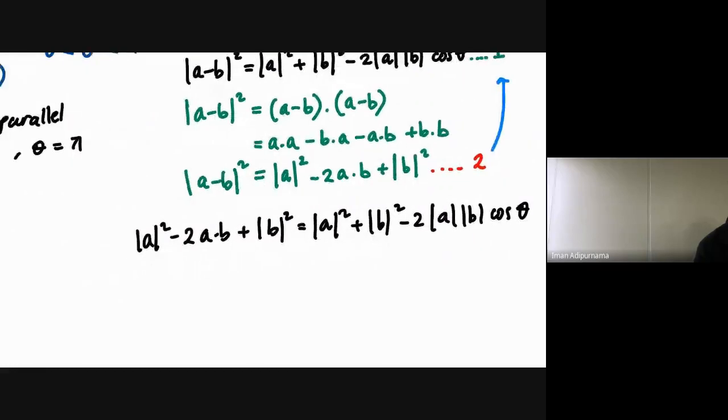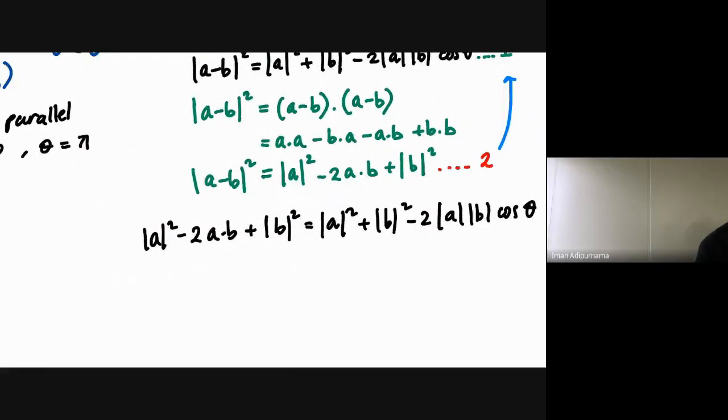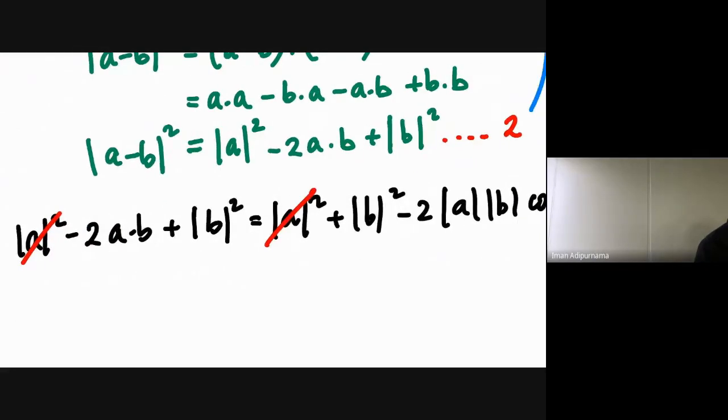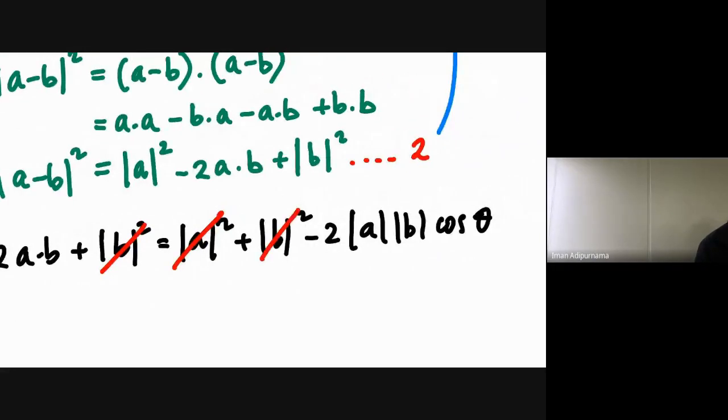Now we can cancel the A squared, and then B squared.